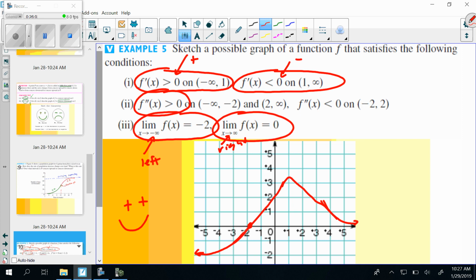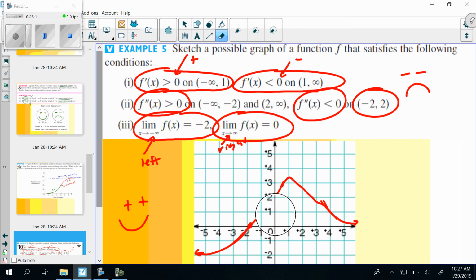At negative 2, though, it looks like it's changing. From negative 2 to 2, our second derivative is less than 0. It's a negative value. So with a negative value, now we need concave down, like our Mr. Frowny. So I'm going to have to erase right here. I want this now to be concave down here.